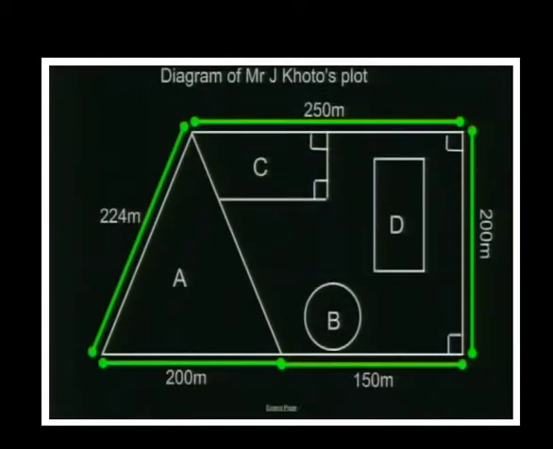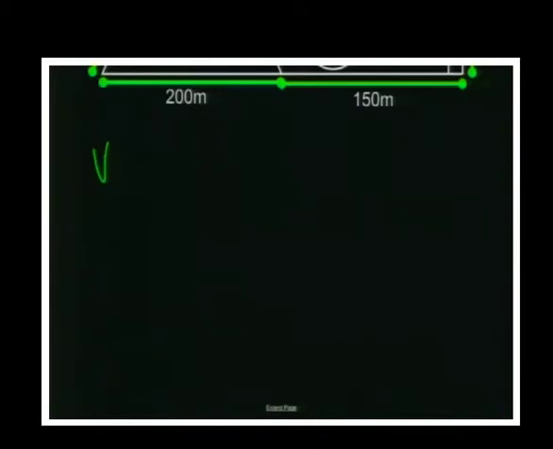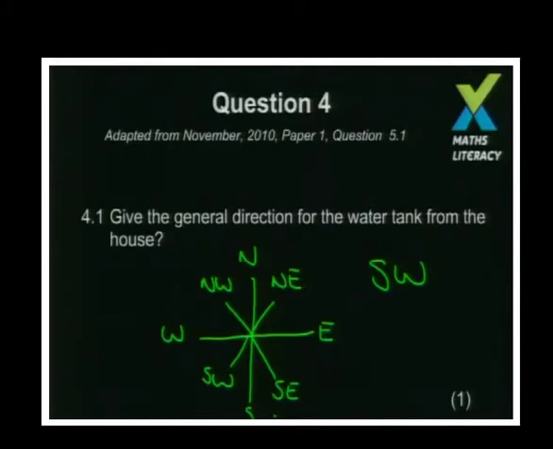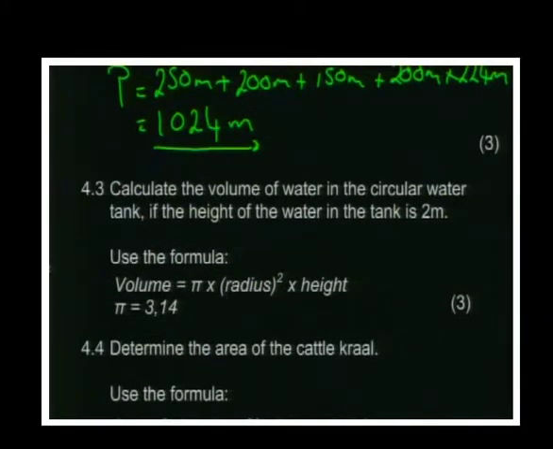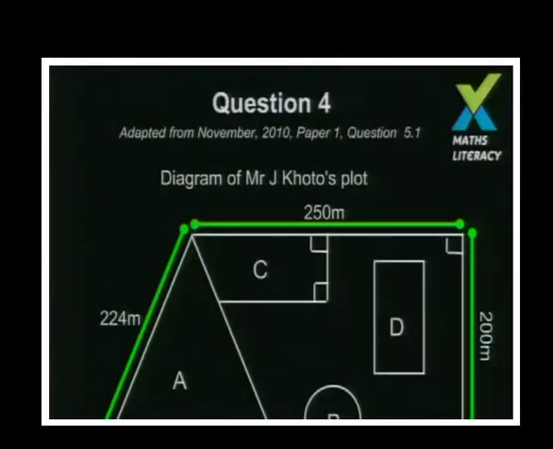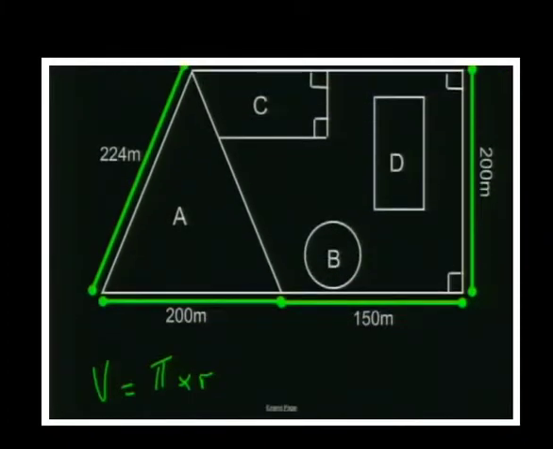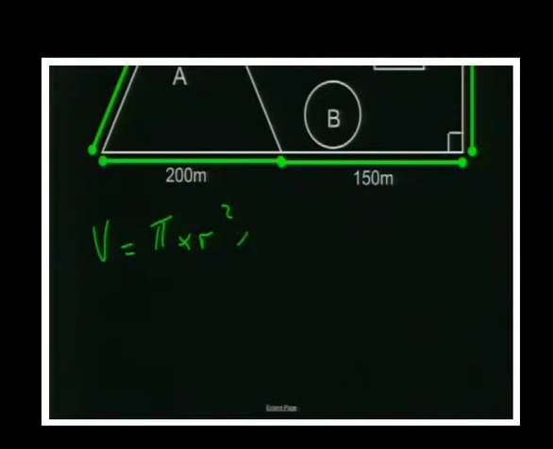I'm going to say, and let's just extend this, volume equals pi times r squared times my height. Now, what is pi? Well, the question says we've got to use pi as 3,14. What's the radius of my tank?